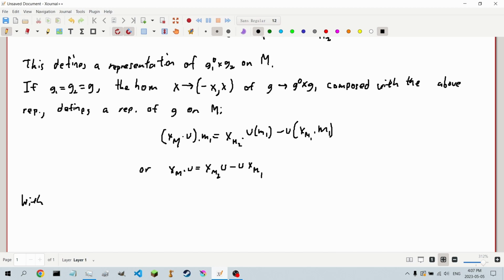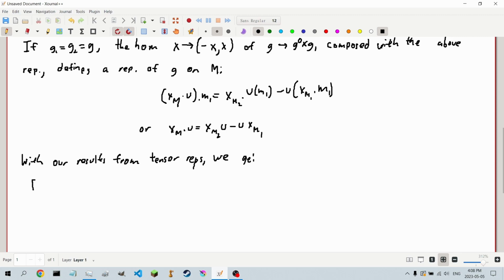With our results from the tensor representations, here's a proposition which we get from our current results.